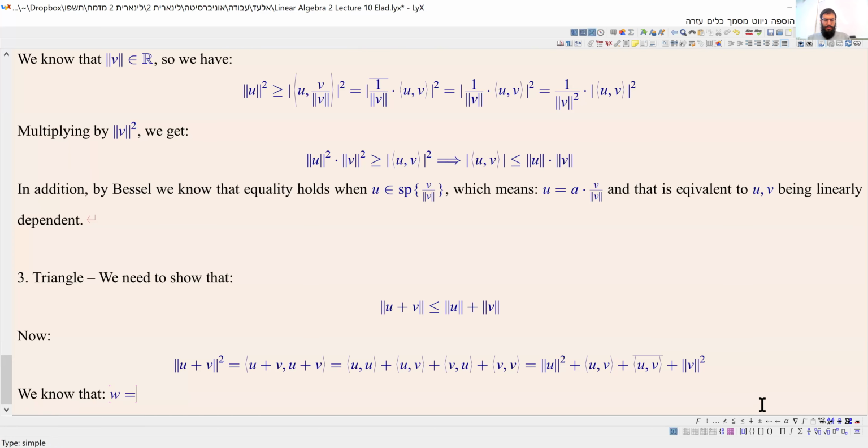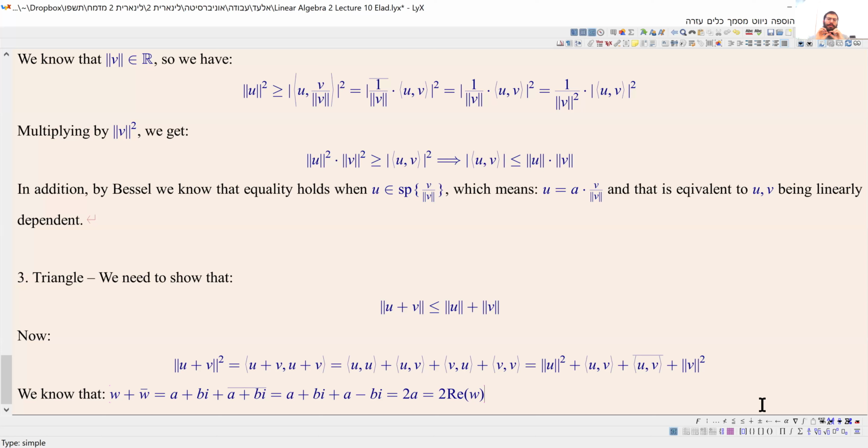W plus the conjugate of W is a plus bi plus a minus bi, so just 2a, which is twice the real part of W.